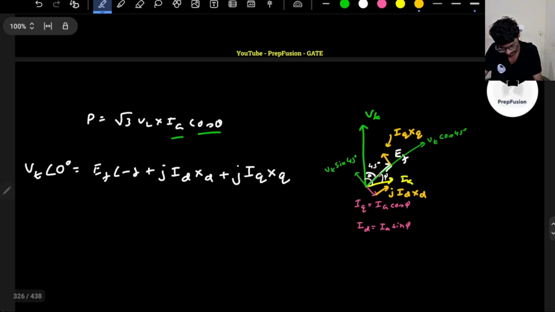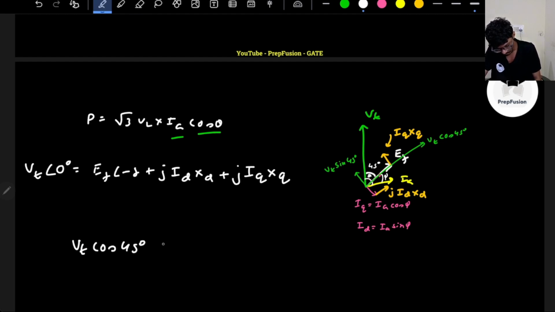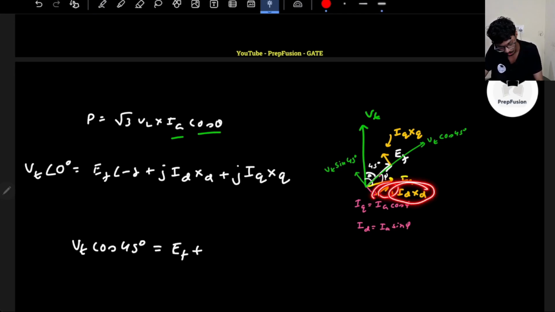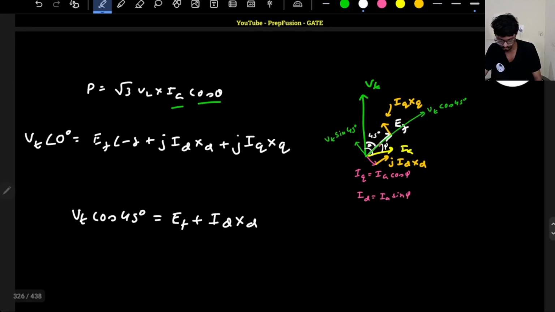If I notice, I will notice two things, right? If I equate the components along EF, my VT cos 45 will be equal to EF plus this extra component. This drop also will be added here to get VT cos 45, so EF plus ID into XD, correct?